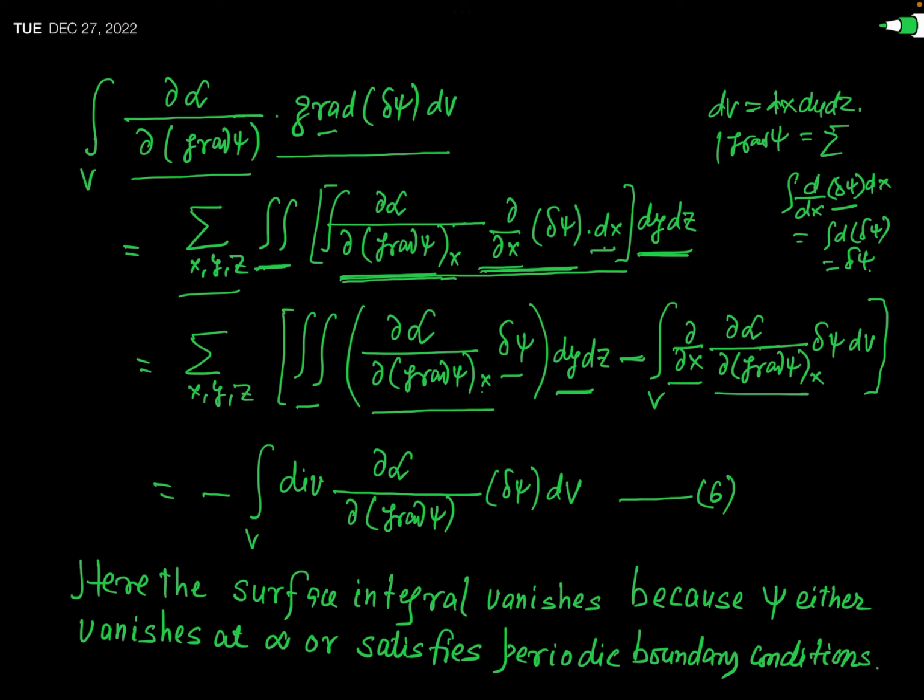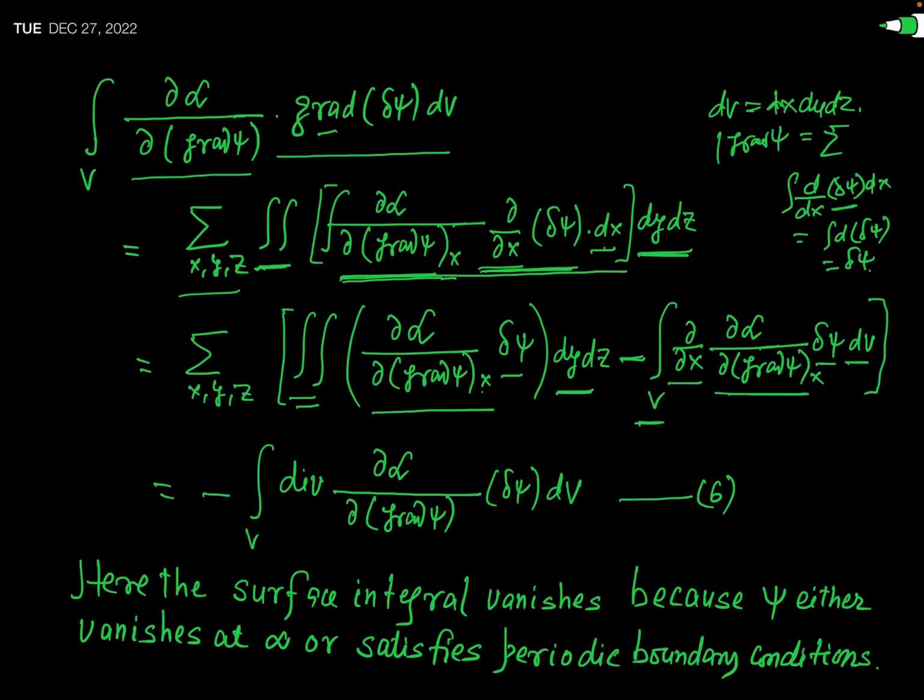So this is del x del L by del grad psi x into the integral of the second function. The second function's integral is delta psi, and then dx dy dz. Instead of dx dy dz, here it has been written dv, and this integral is now written as integral over v, because there will be three integrals, one with respect to x and the other two with respect to y and z.